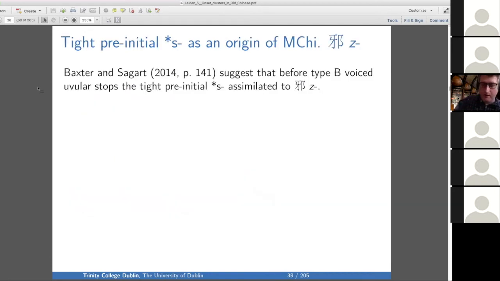Now, pre-initials as an origin of Middle Chinese Z. You'll remember yesterday when I presented the simplex initials, I said we can get rid of the Z because it has so many origins. Well, now is where we're going to see those origins of Z. They all involve pre-initial S.